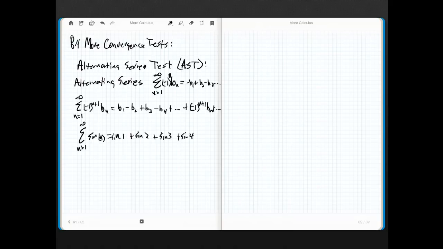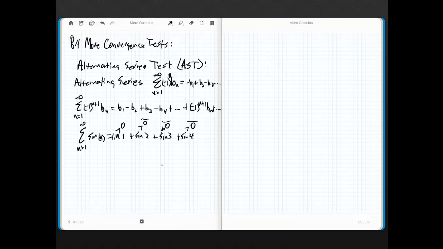Now this guy changes signs. I know that the sine of 1 is greater than 0, the sine of 2 is greater than 0, but the sine of 3 is less than 0. Sine of 4 is greater than 0. So we have an alternating situation here, but it doesn't happen every other term.